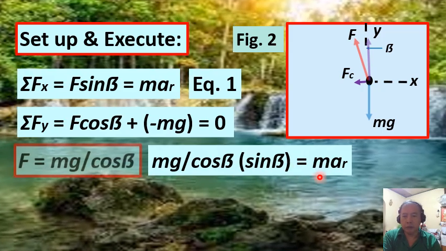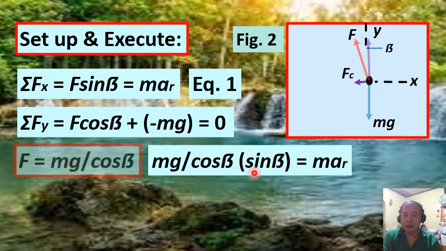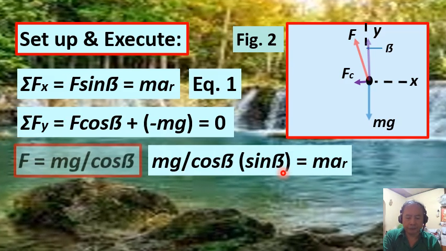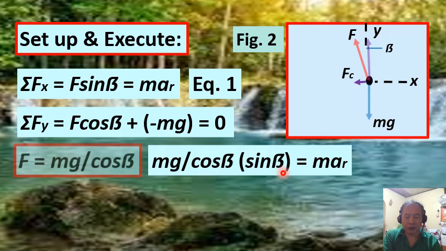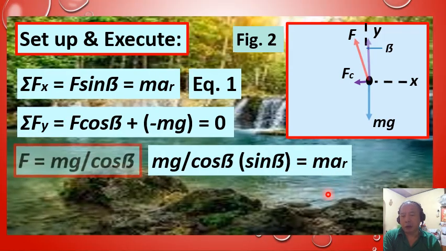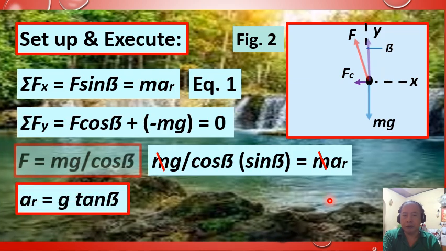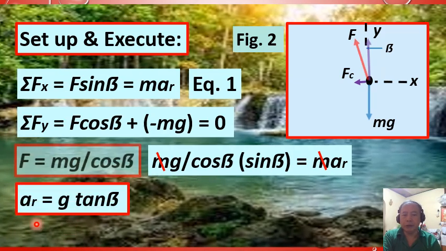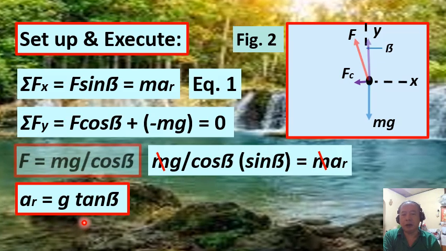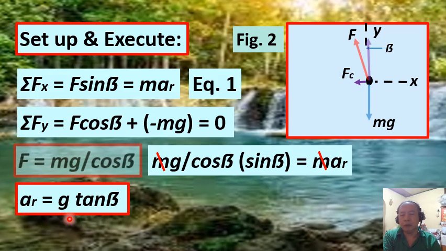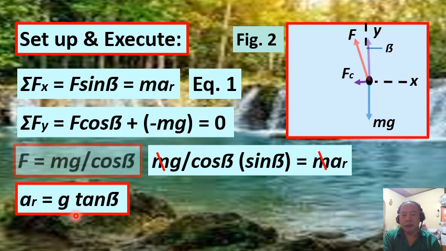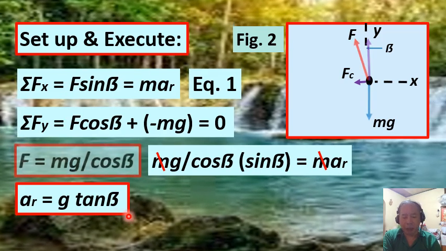So, obviously, the mass m in this equation cancels out. So we can isolate the radial acceleration a sub r and come up with a working formula for determining the radial or central acceleration a sub r, equal to the product of acceleration due to gravity g and the value of the tangent of the angle beta.